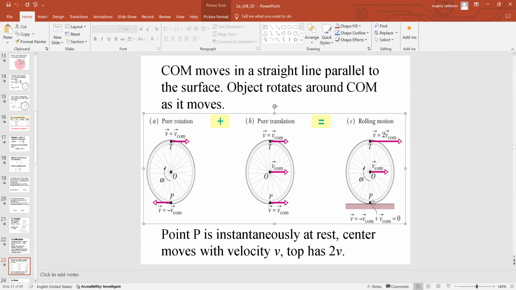You see that momentarily the bottom point is at 0. It's not moving. The center point, this is your center of mass, has only the translational motion, so same as just pure translation. And the topmost point has v plus another v, so it's double the velocity, and it's going to move very fast.